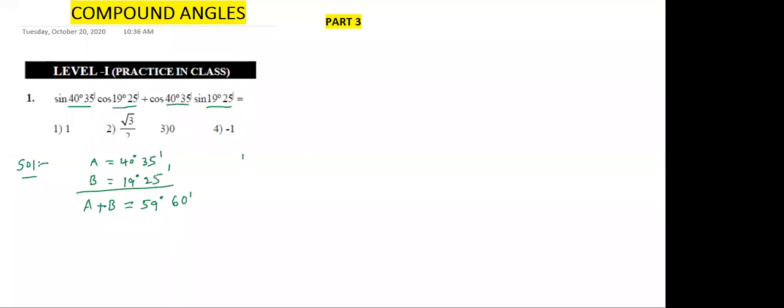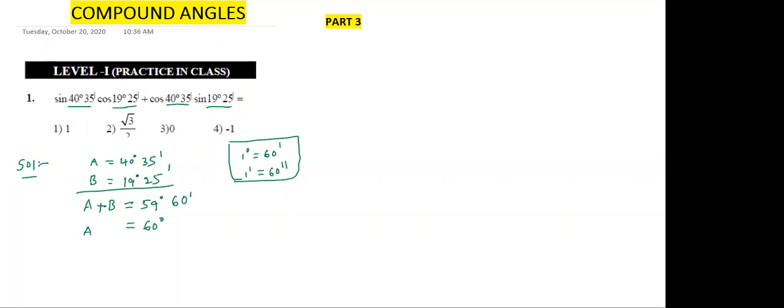We know that 1 degree is equal to 60 minutes, and 1 minute is equal to 60 seconds. Now instead of 60 minutes, I write 1 degree. Already 59 degrees are there, so overall this is 60 degrees.